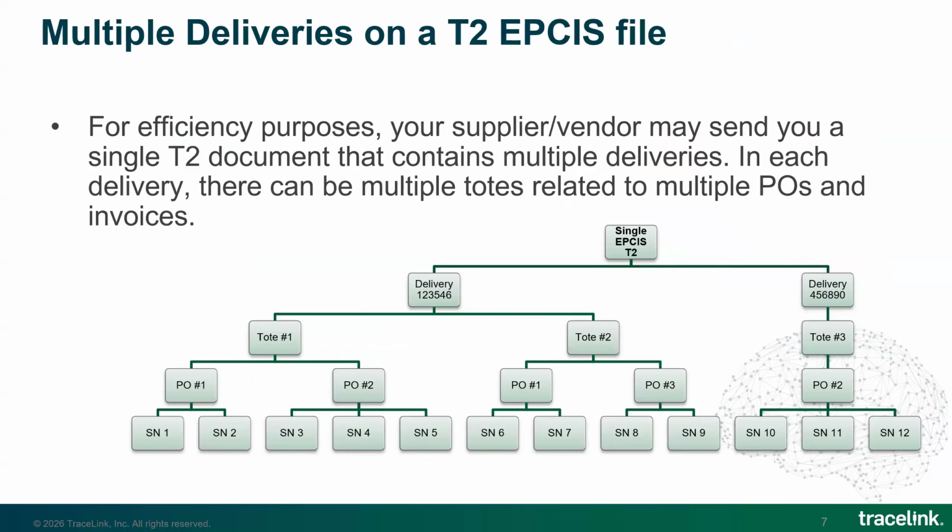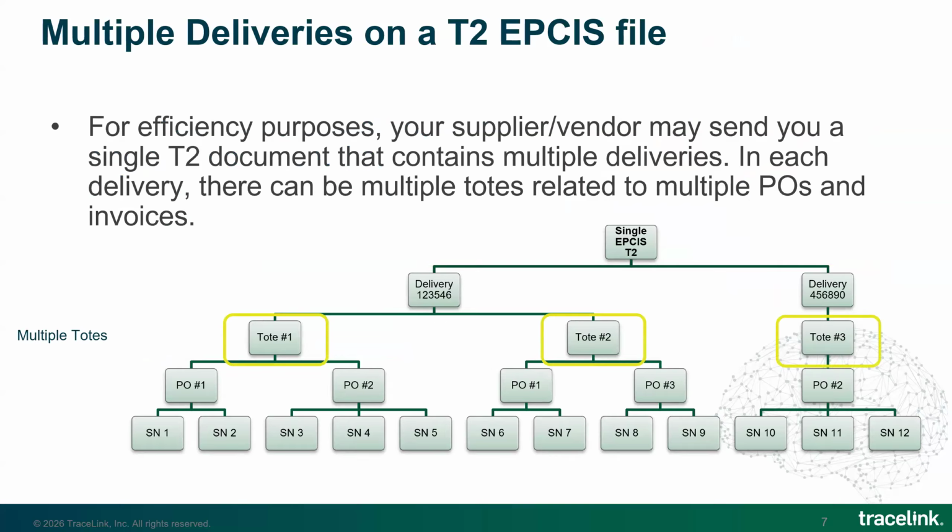So we talked a little bit about how those T2s were created, and I have an example here on screen. We have a single T2 document here. Inside this T2, you can see that there are multiple delivery numbers. Within those deliveries, you can have multiple totes.